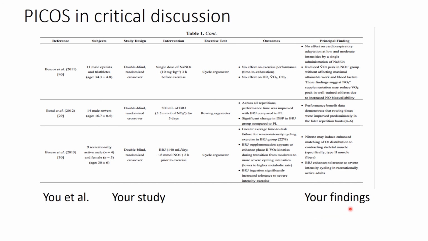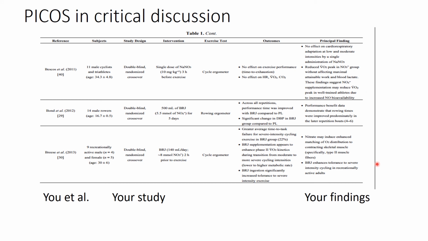Let's say you conducted a study and you also found that using sodium nitrate in some way improved exercise performance. Well, now what we've got is we've got these 3 studies, so these additional 2, these 2, and then your additional 1, that have all found a beneficial effect of taking nitrate supplementation.